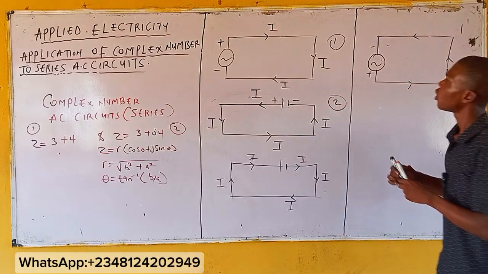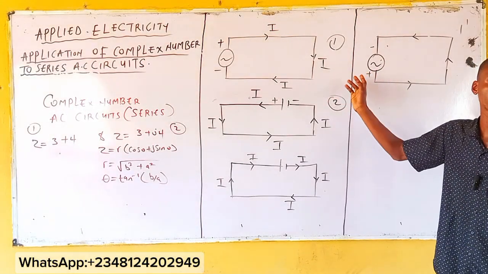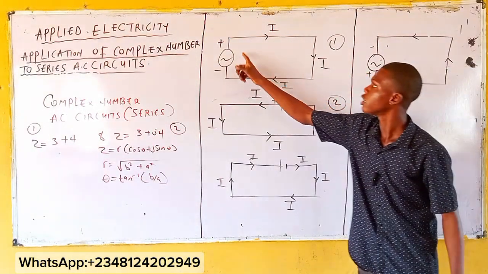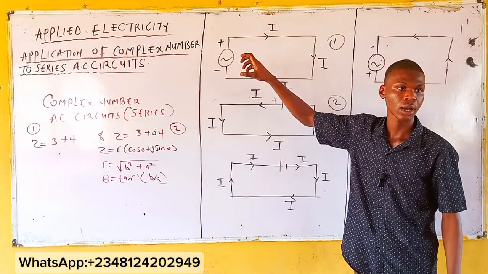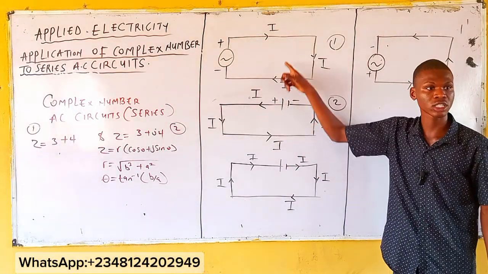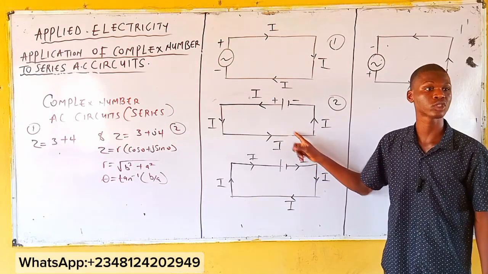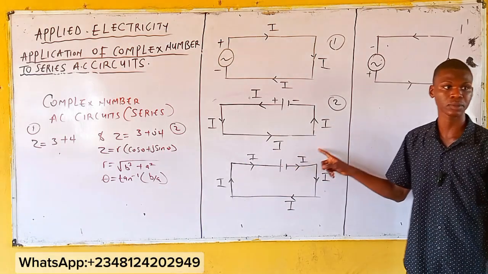Yes. Now what this means is that current moves vice versa. Current can move in any way, meaning it doesn't have a specific polarity. For this one we said the longest side is the positive terminal, meaning current always moves from the positive terminal, constant.